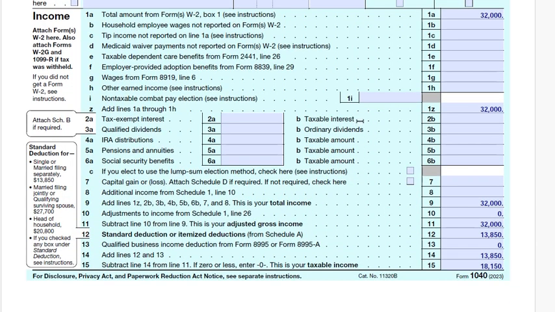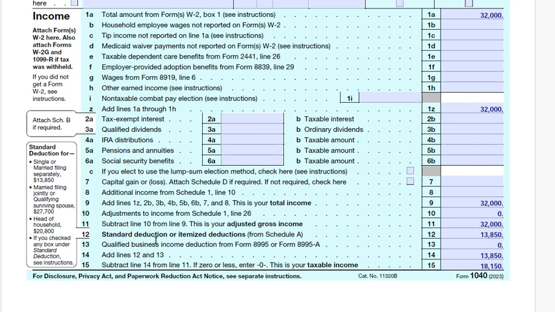No taxable interest, no dividends, no annuities, no social security benefits, so everything here is 0. So line 9, we get $32,000. This is the total income for John Smith. No Schedule 1, so it'll be 0. Line 11 is just subtracting line 10 from line 9, and we have $32,000.